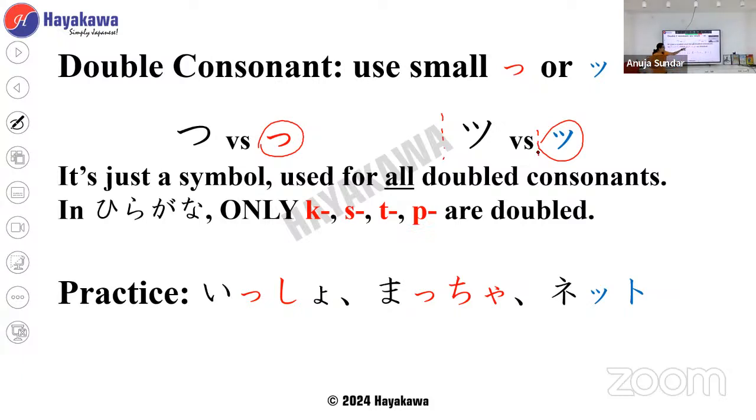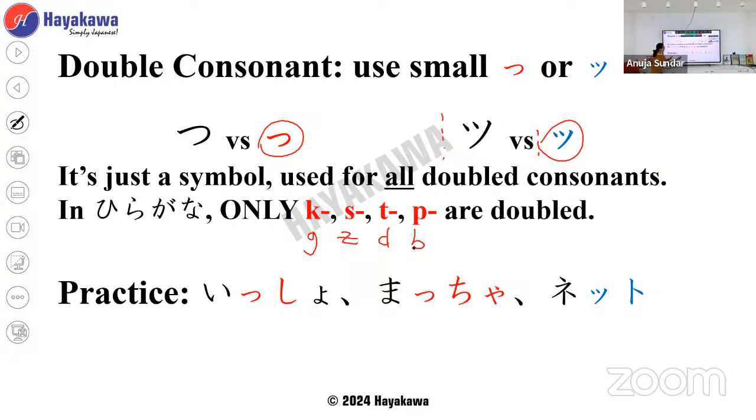This is the pattern in native Japanese words. This will appear only before ka, sa, ta, or pa sounds. In foreign words, that is in katakana, it may also appear for the voiced equivalents of these sounds. So that's 8 in katakana, 4 in hiragana. This is the pattern for this. For the small tsu in hiragana and katakana, that means it's a silent letter, right?